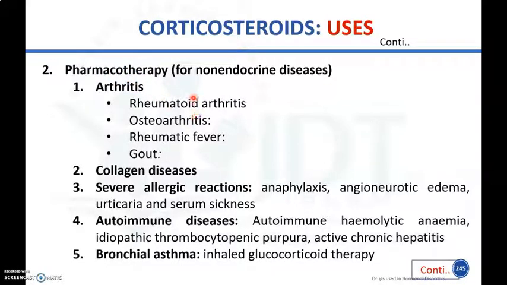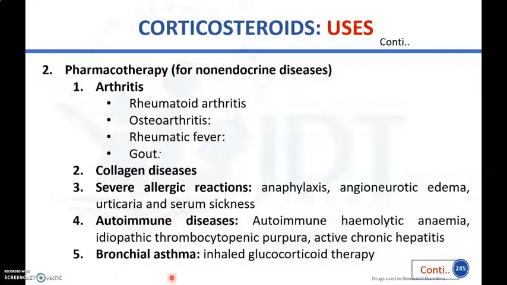We can use them for different inflammatory conditions like arthritis, which includes rheumatoid arthritis, osteoarthritis, rheumatic fever and gout, and different collagen diseases and severe allergic reactions like anaphylaxis, angioneurotic edema, urticaria and serum sickness. Then also for the treatment of autoimmune diseases like autoimmune hemolytic anemia, idiopathic thrombocytopenic purpura and active chronic hepatitis.